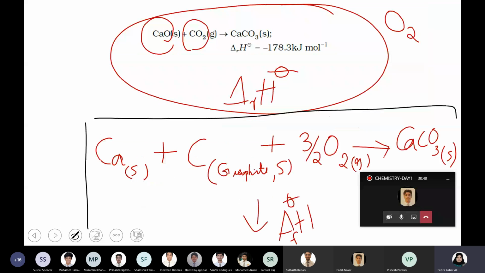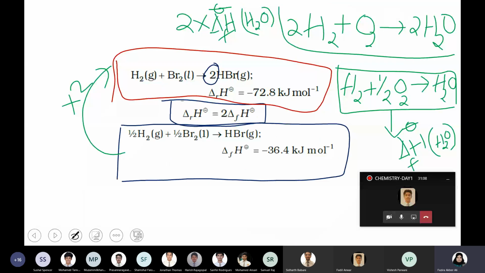Then we moved into different cases where compounds are formed but not considered enthalpy of formation, because they are prepared from different reagents, not elements. That is the first point. Secondly, when 2 moles are prepared, that is also not considered enthalpy of formation, because as per the definition, it is for the preparation of 1 mole.